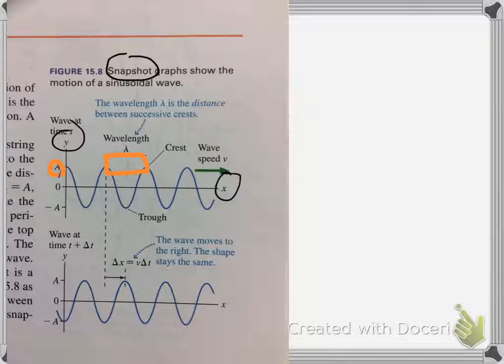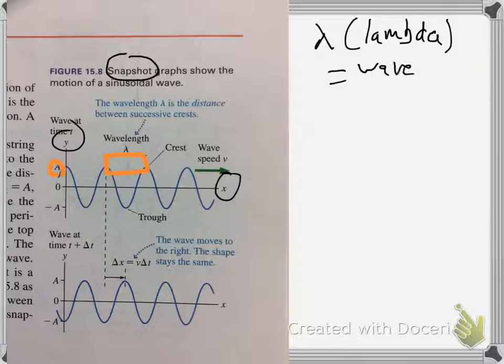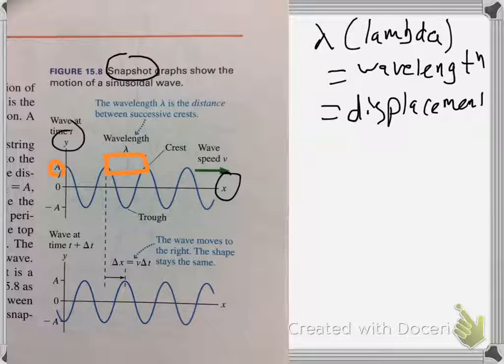Wavelength is also, this is called the Greek letter lambda. And this equals wavelength. And wavelength is displacement, basically, from crest to crest of the wave.